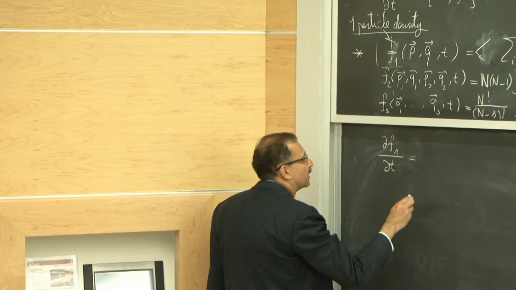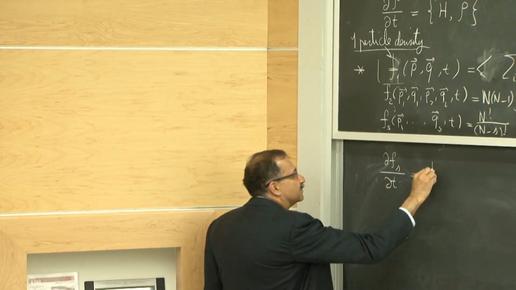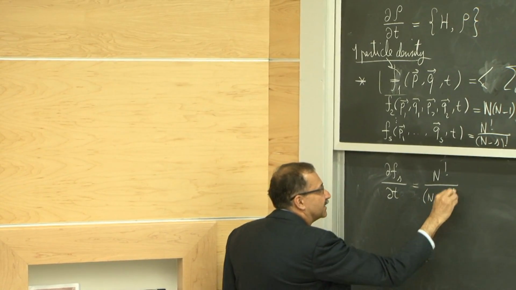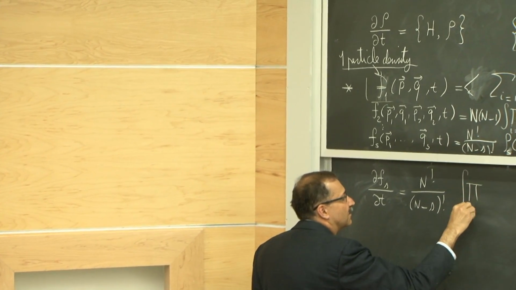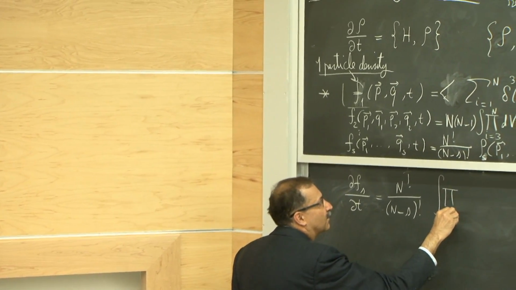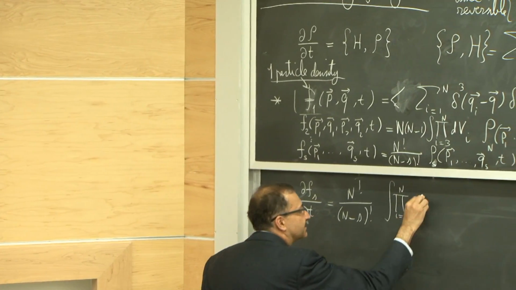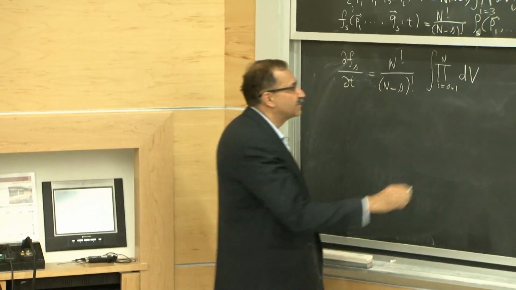So the general one is, up to, again, this n factorial over n minus s factorial, an integral over coordinates that I'm not interested in of d rho by dt.